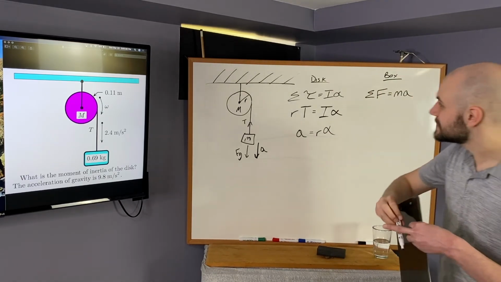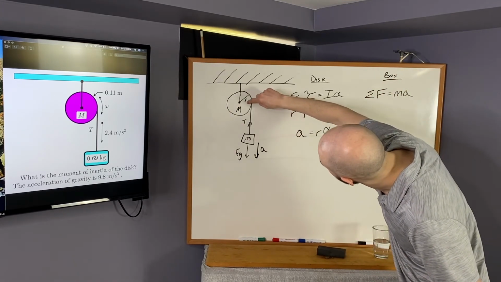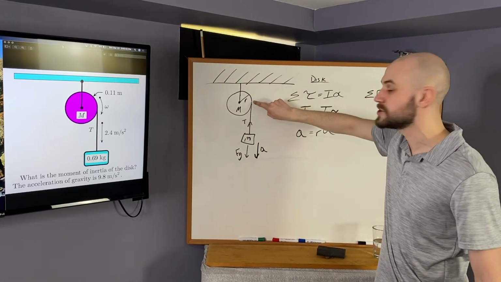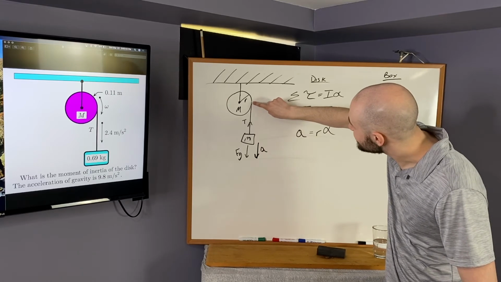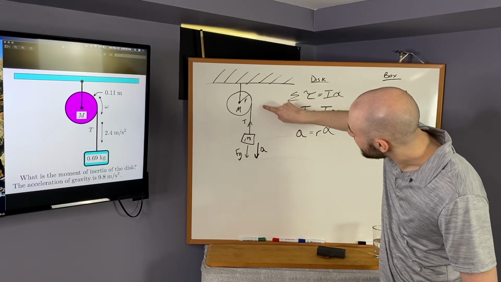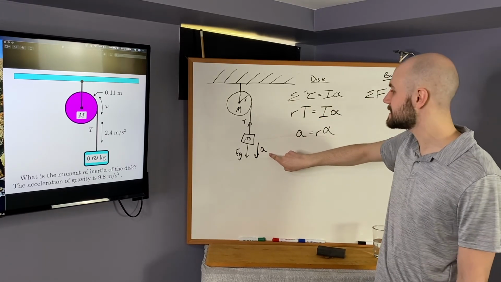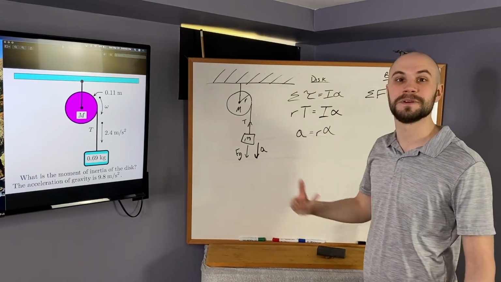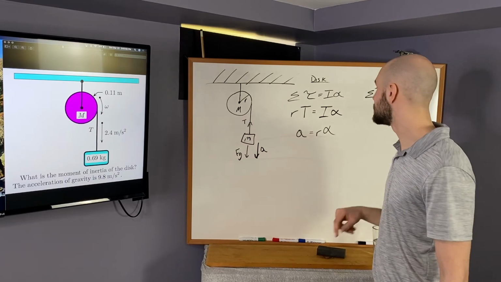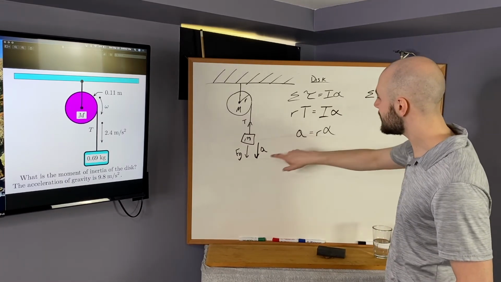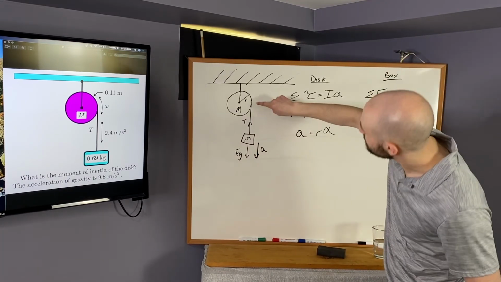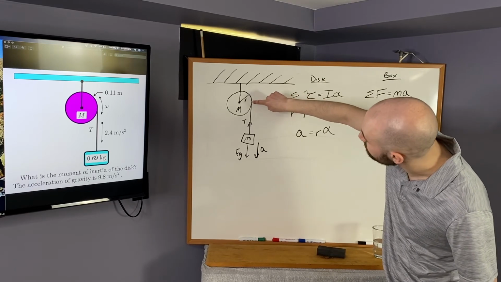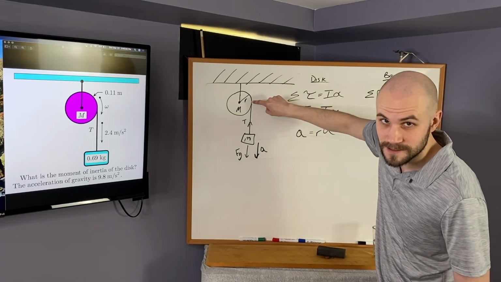Now, when we're looking at the disk, yes, we're looking at the tangential acceleration of this point on the edge of the disk, but the acceleration at this point of the disk has to be the same as the acceleration of the box, or else the system wouldn't be coupled together. It wouldn't be accelerating at the same rate. So this a is actually the same as the linear acceleration of this point on the edge of the disk.